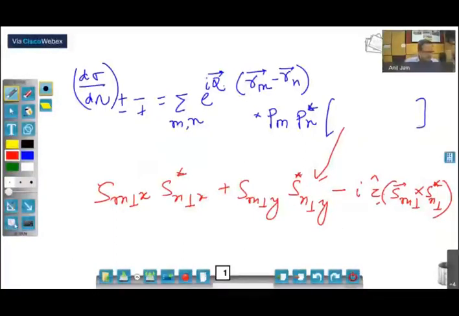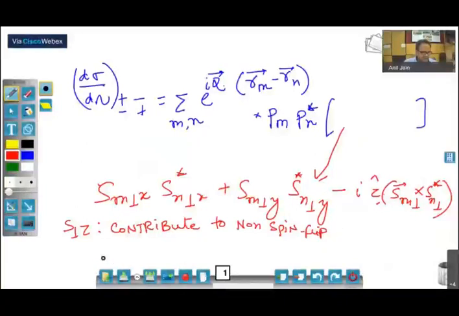So let me write it down again. What we see here with these two expressions is that this contributes to the non-spin flip process, and S perp x, this contributes to the spin flip process.